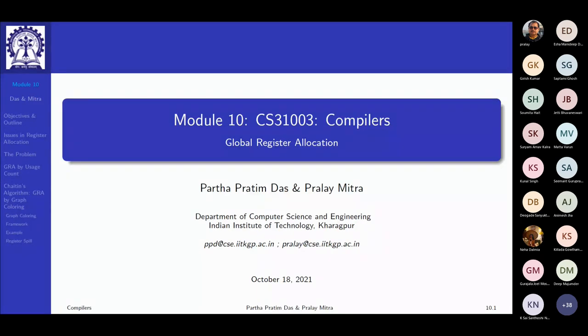So we store R1 into the location where x should be. If we keep on doing that, then we'll see a lot of redundant load store operations happening, and the generated target code would be extremely slow because of this overhead of redundant load store.